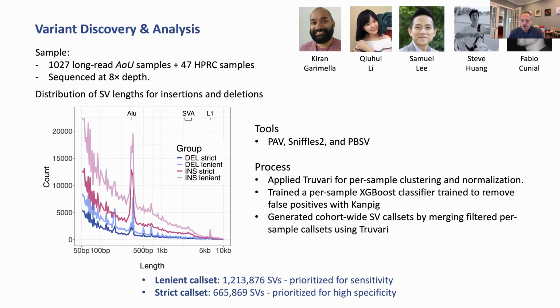I really want to also on this slide credit the amazing team that went into this. At the end here, I'll give you a pointer to the preprint describing the study that has more than 100 authors involved. Here, I'm just calling out a few of the key people involved in the structural variant analysis: Kieran, my postdoc Iris Quihi, Sam, Steve, Fabio, and many more.